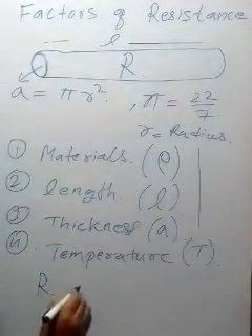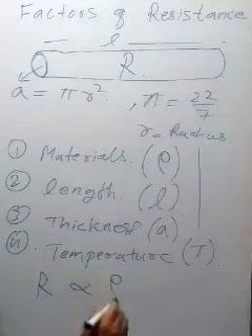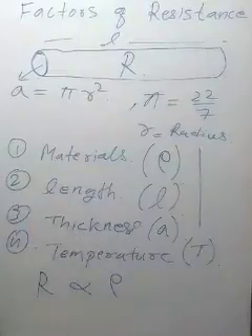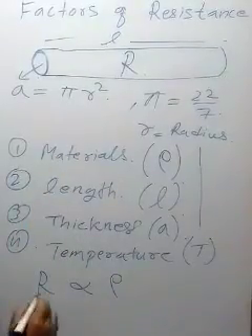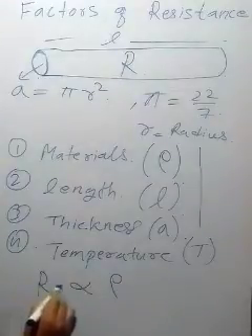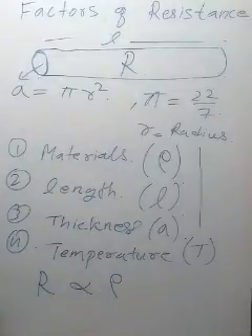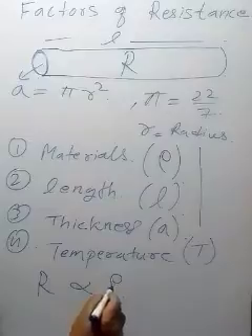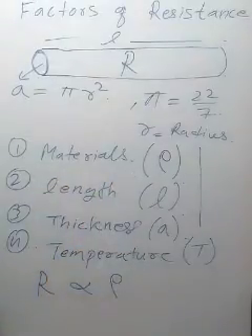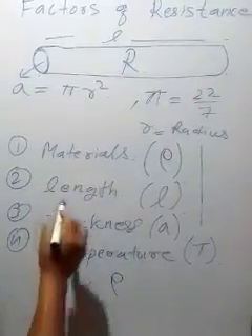Resistance R is proportional to the different types of material, so R is proportional to rho, which is called the property of the material, and length.